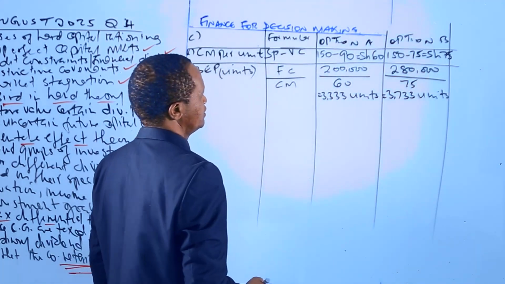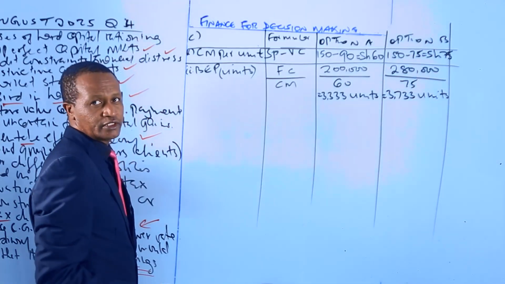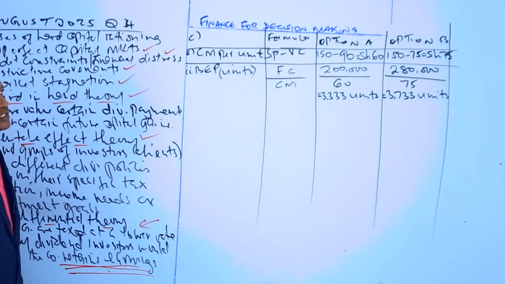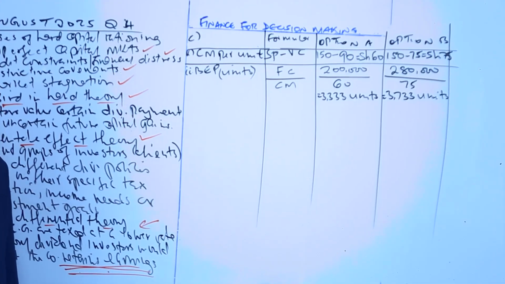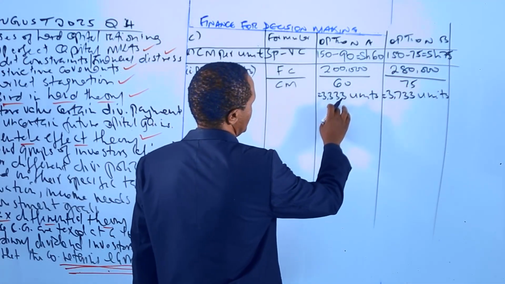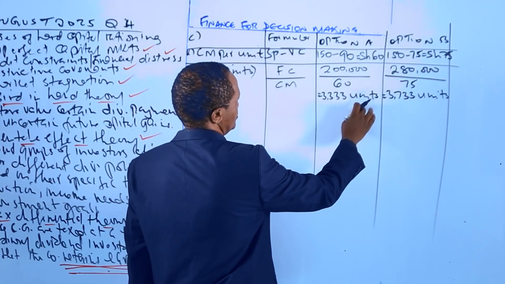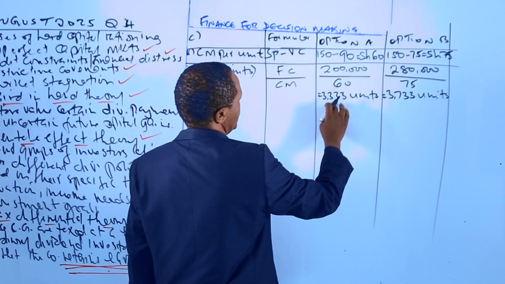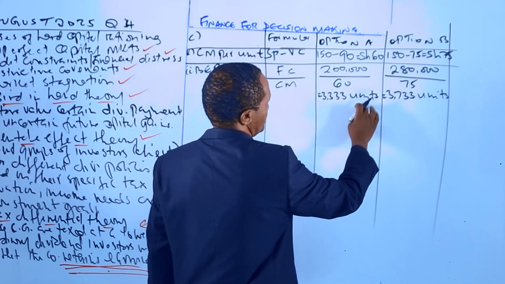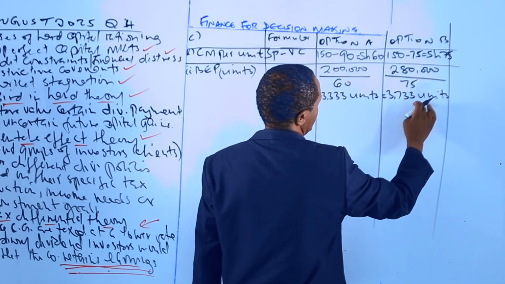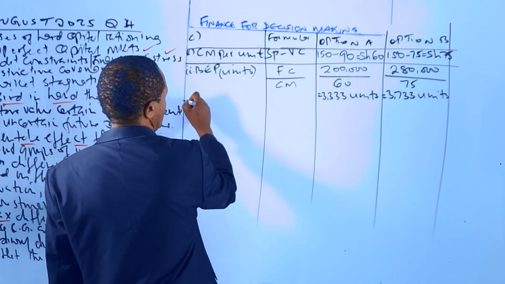To break even, option A requires 3,333 units. Break even is a point where profit is zero. So option A will break even when 3,333 units are produced. Option B will break even when 3,733 units are produced.